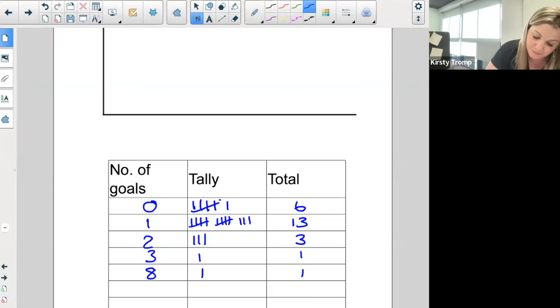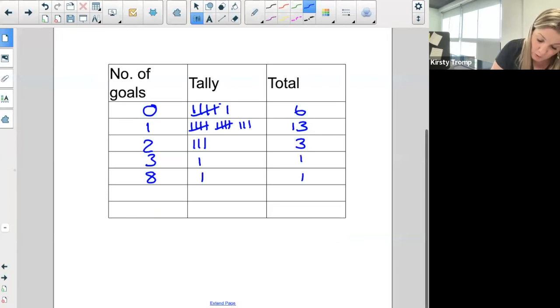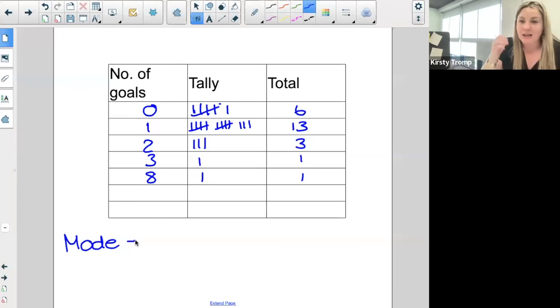The first question says, what is the mode of the data? Now, guys, when you're looking at these words, they've got 3 M's, so they can sometimes be a little bit confusing. But when we're looking at mode, mode is the most popular. Looking at our tally table, let's have a look at our total goals.